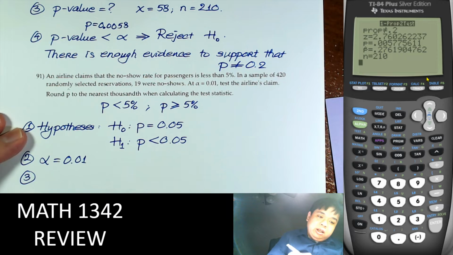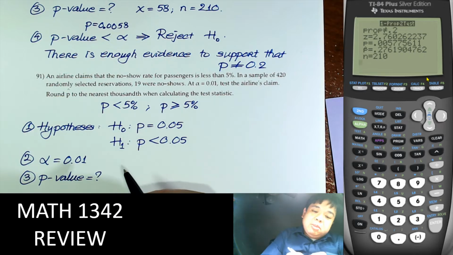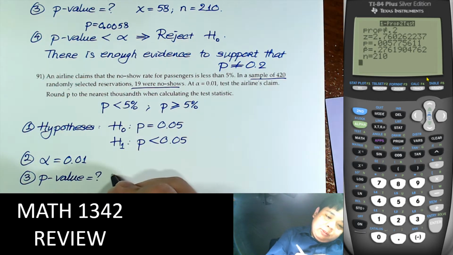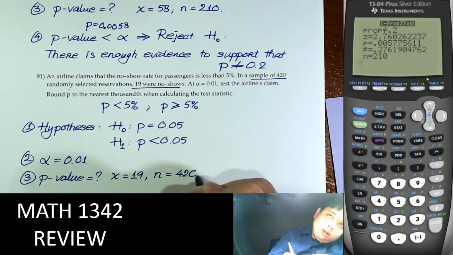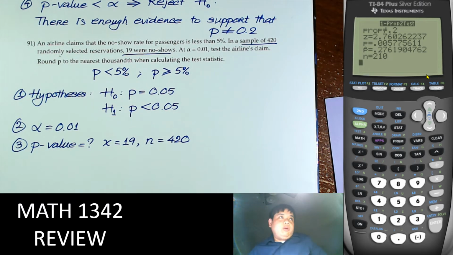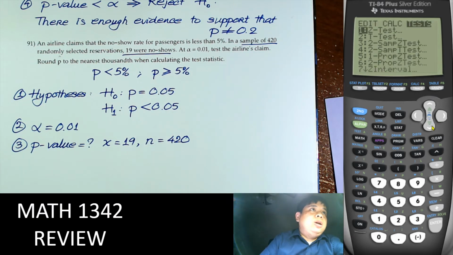Number 3, we find the p-value. In this sample, 420 passengers and 19 no-shows. Right, so we just calculate once again. For a population proportion, we use the one proportion z-test, option number 5 here.